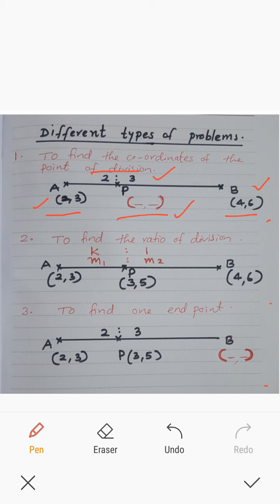Suppose you want to find the coordinates of the point of division, then the coordinates of the endpoints and the ratio of division must be given. If you want to find the ratio of division, the coordinates of the endpoints and the coordinates of the point of division must be given. And if you want to find any one endpoint, the ratio of division and the coordinates of the point of division must be given to us.